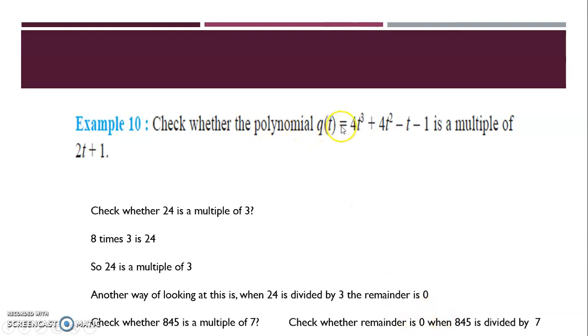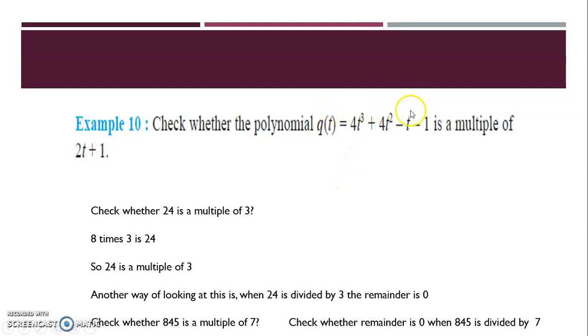So in this question, I have to check whether this polynomial 4t cube plus 4t square minus t minus 1 is a multiple of 2t plus 1. What do I have to do? I have to check whether the remainder is 0 when q of t is divided by 2t plus 1. There are two ways of doing this.